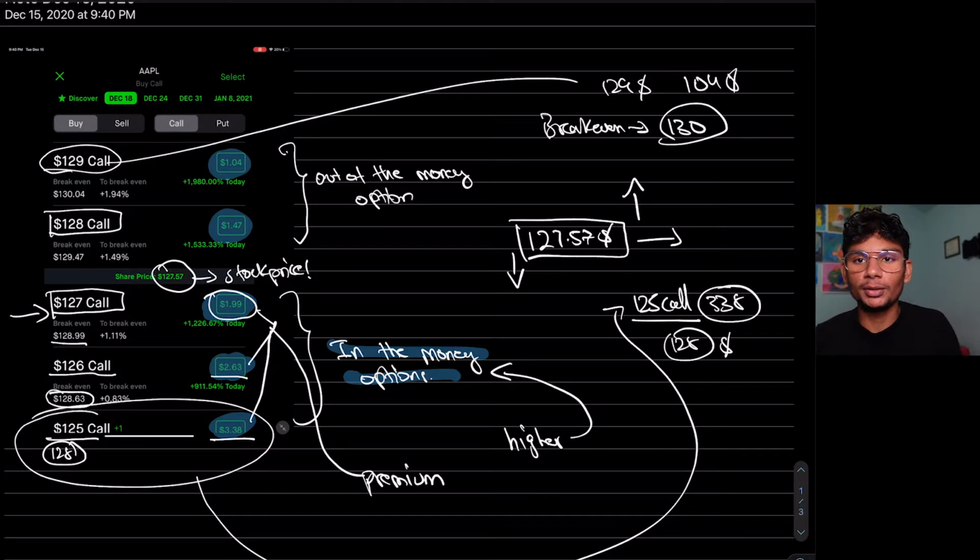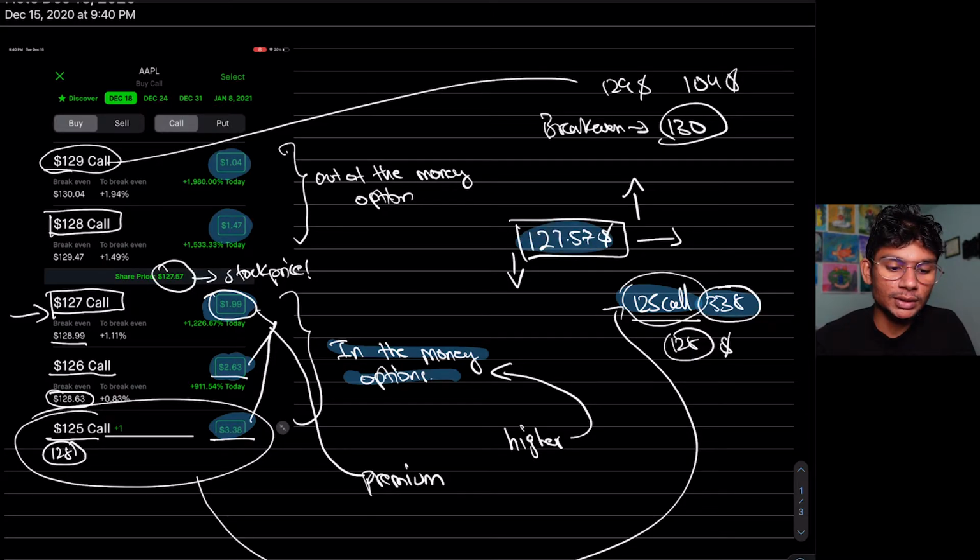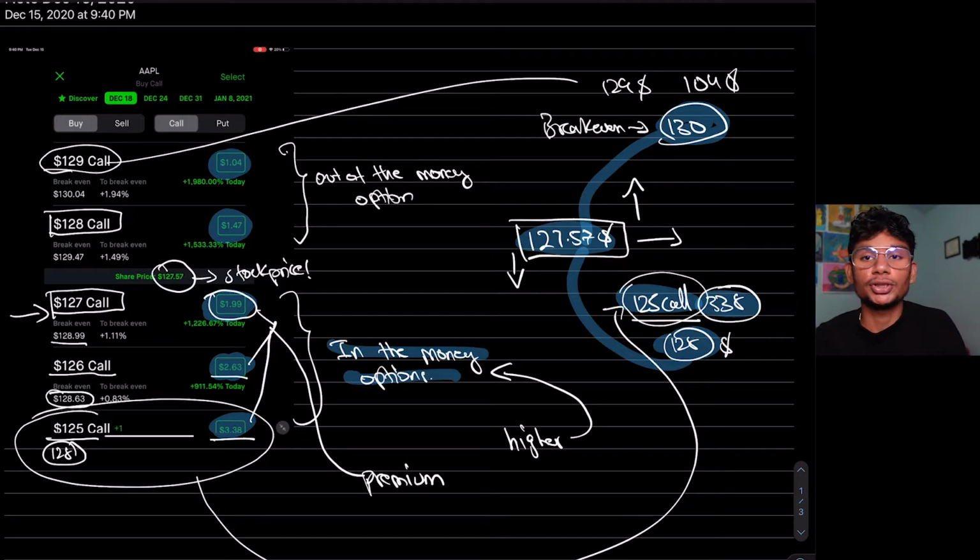So now you tell me which looks more appealing or easier to make money. Is it the $125 call, right? Because even though you paid a higher premium, the stock price is $127.57, and it's easier for it to reach $128 than it is to reach $130, correct?